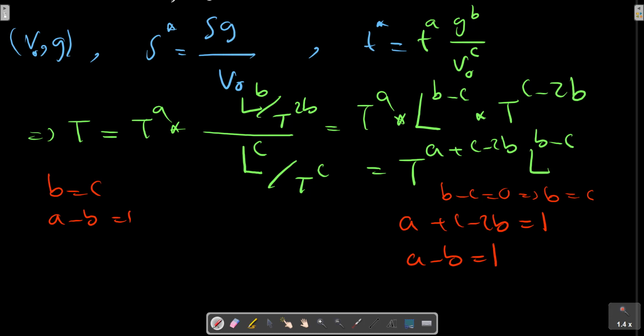Because it is a scaling parameter, we can choose any of the powers. We can start with a equals to 1 and b equals to 2, and we can also choose c equals 2.